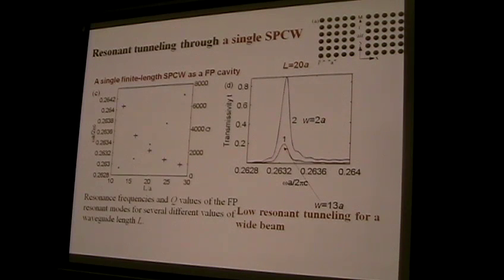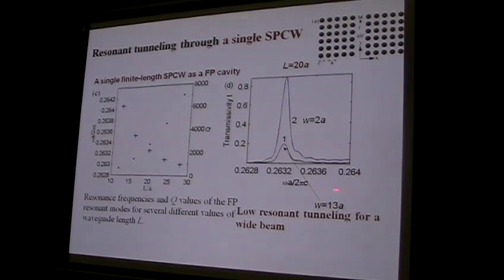So we can check numerically. For example, if we use a Gaussian beam in the simulation, and the Gaussian beam's spot size is 2A, where A is the period of the photonic crystal, and it's just this small, then the efficiency is okay. Most of the energy can go through this vertical hole.